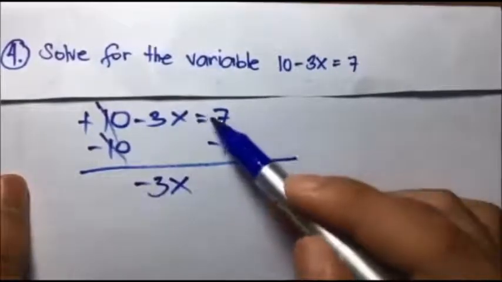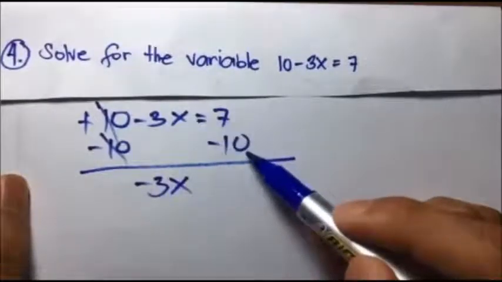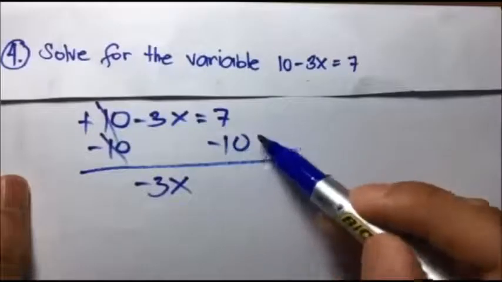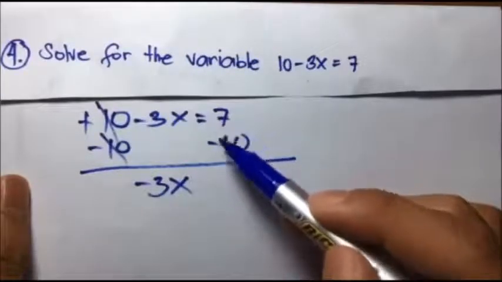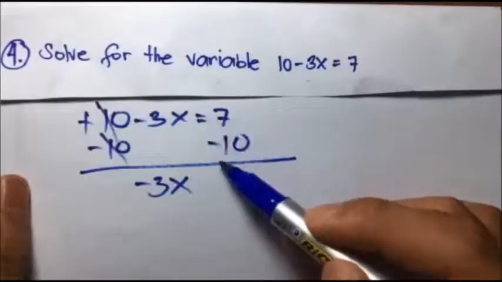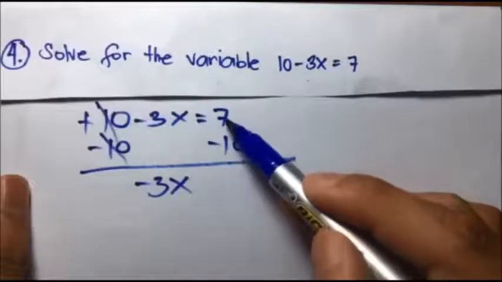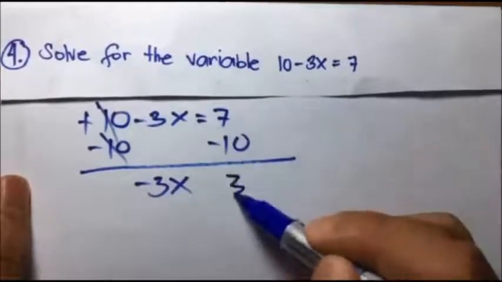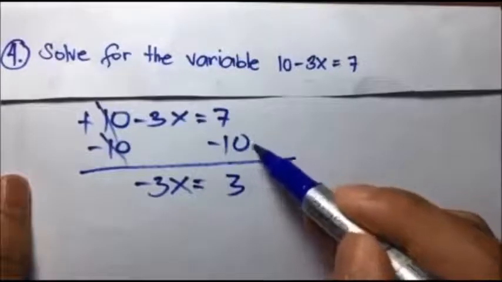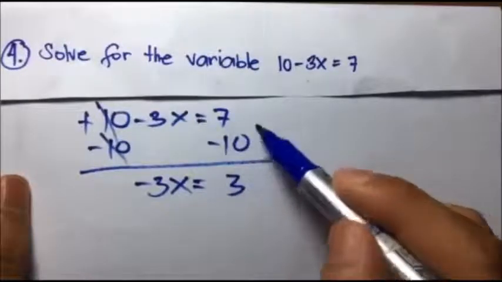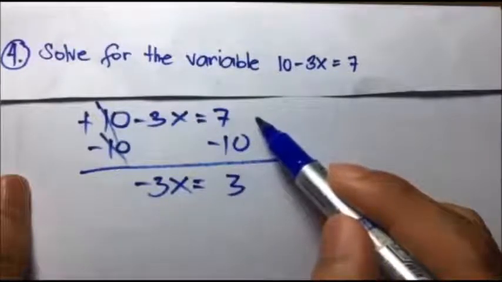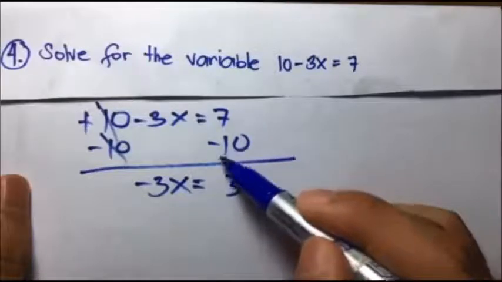We have positive 7 and negative 10. We need to subtract these because they are unlike signs, not the same sign. 10 minus 7 is 3. And what is the sign of the biggest number? It is 10, so negative.